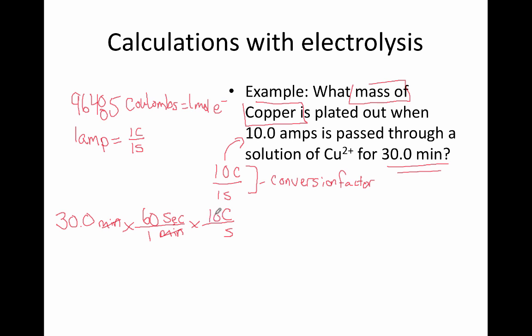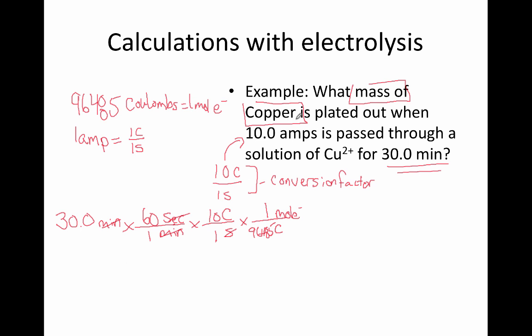And we know that there are 10 coulombs per 1 second. And then we can go from coulombs to moles of electrons because we have the conversion for that. So in 1 mole of electrons, we know that there's 96,485 coulombs.